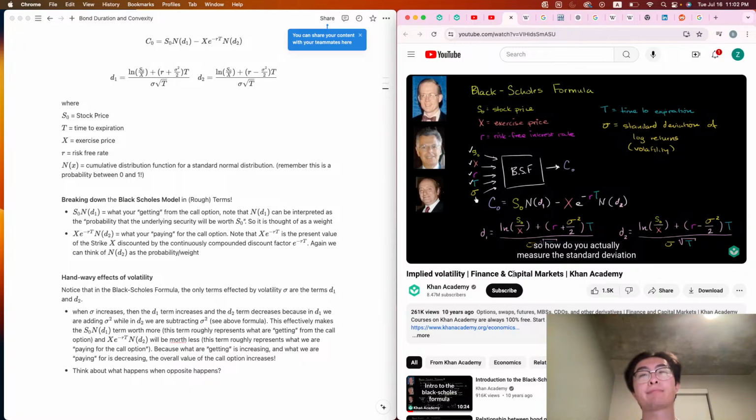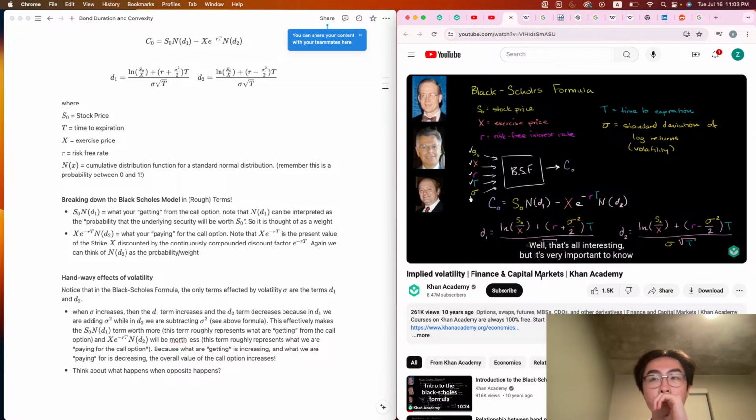So how do you actually measure the standard deviation of log returns? Now, one of the assumptions about the Black-Scholes formula is that this is a constant thing. This is just some intrinsic property of this security. Well, the only way that you can at least attempt to estimate it is by looking at the history of the standard deviation of log returns. So the way that people would normally do it is, they'll say, okay, what has historically been the standard deviation of log returns over some time period where that security has not changed in some dramatic way, and then use that as the input, and then they would come up with some price.